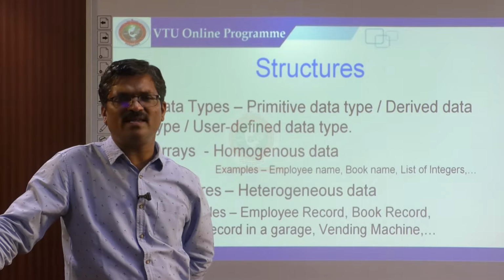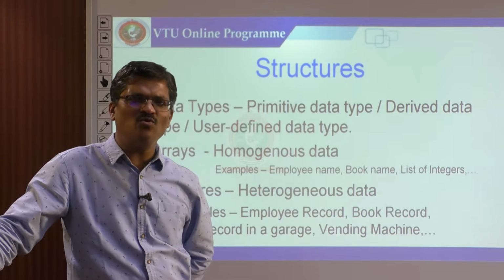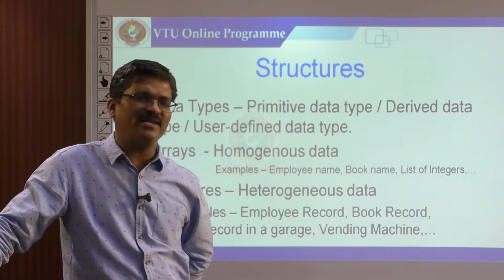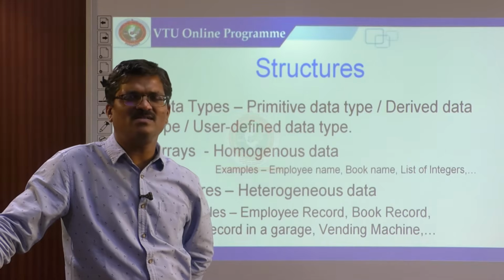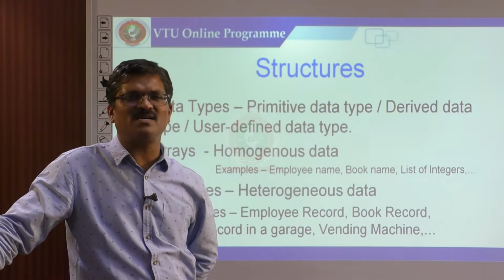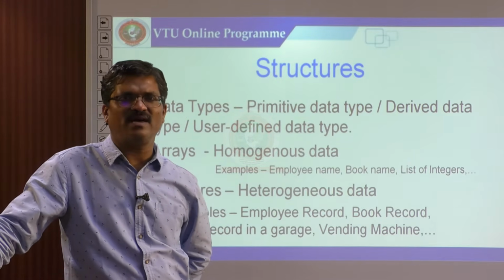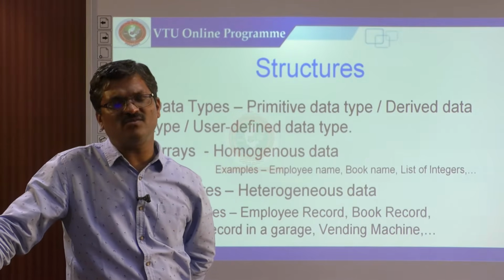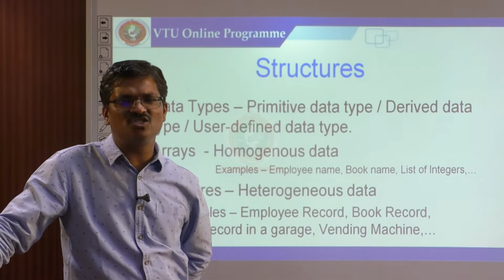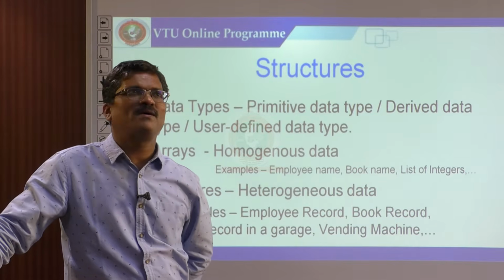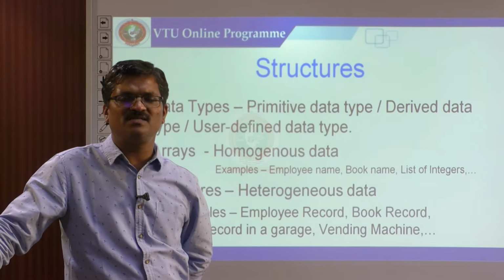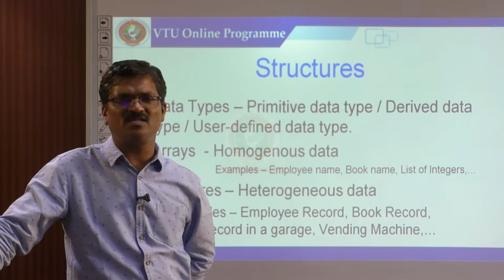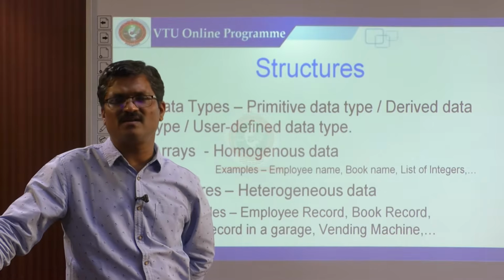If I am a garage owner, I need to know how many cars are there in my garage, and what the models or types of the cars are. When it comes to a car, is it a Hyundai, what is the engine number, what type of fuel it uses, whether it is a petrol or diesel car, what is the model, the year of manufacturing. All these kinds of information can be stored associated with a car.